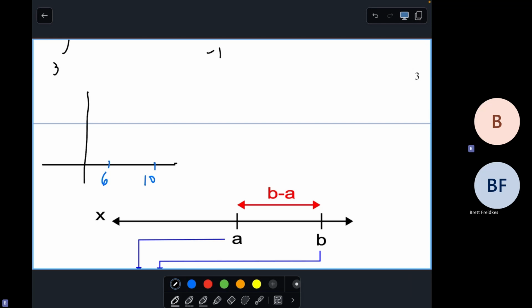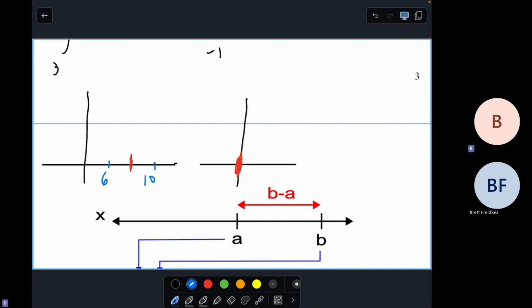Let's think about y. If it's symmetric about the y-axis, what we'll see is that the midpoint of this will have to be aligned with here. Do you see that? I'm trying to draw a thicker line here. The midpoint of this will have to be aligned with the y-axis. Then you'll be symmetric about it. Is that okay? You see that?